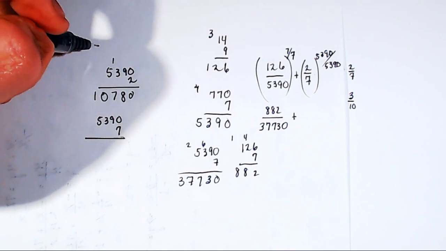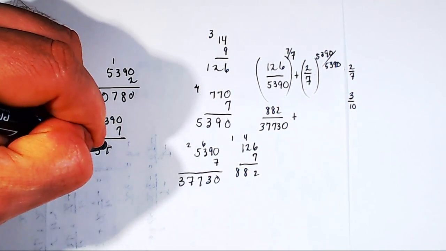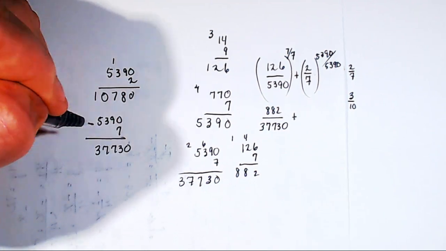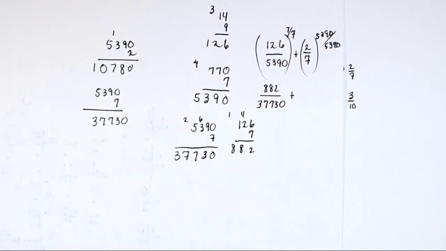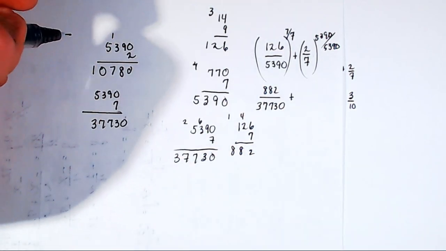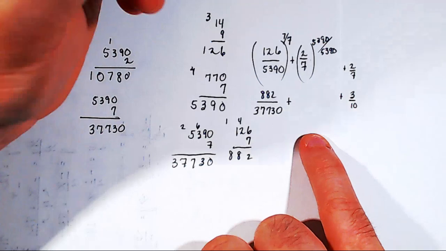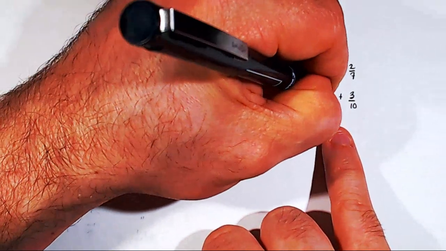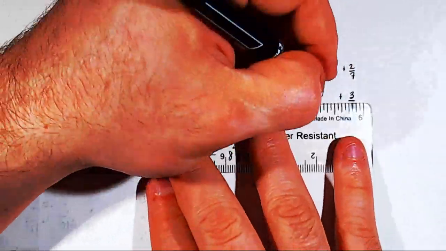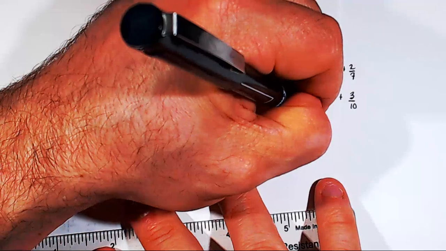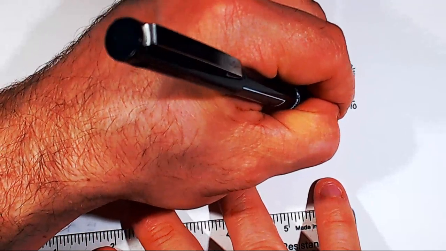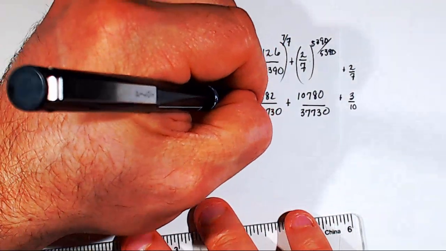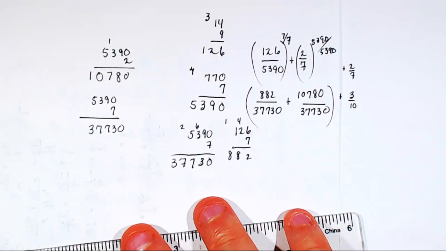Oh, and I already did that. Okay, so that's 37,730. All right, so my new common denominator fractions are 10780 over 37,730. Okay, so I'm going to add these two things together.